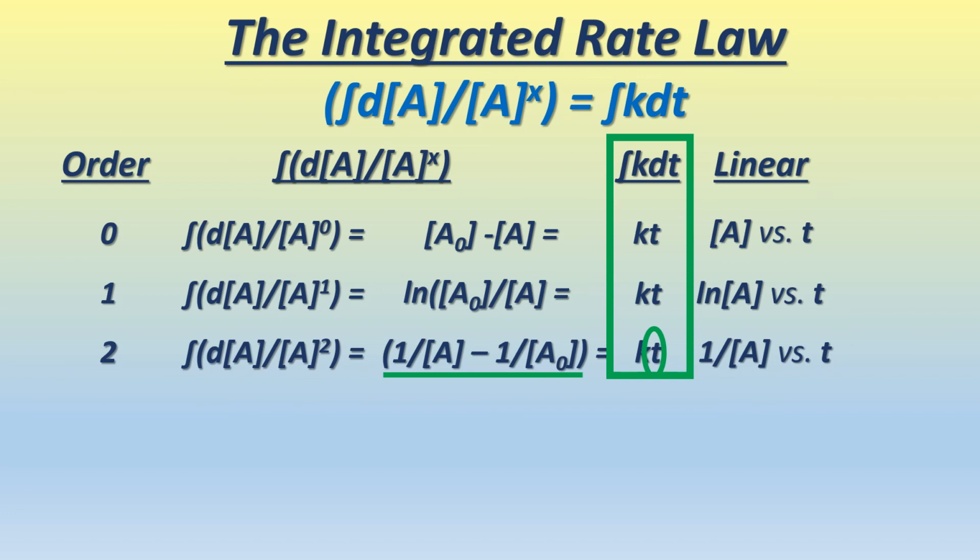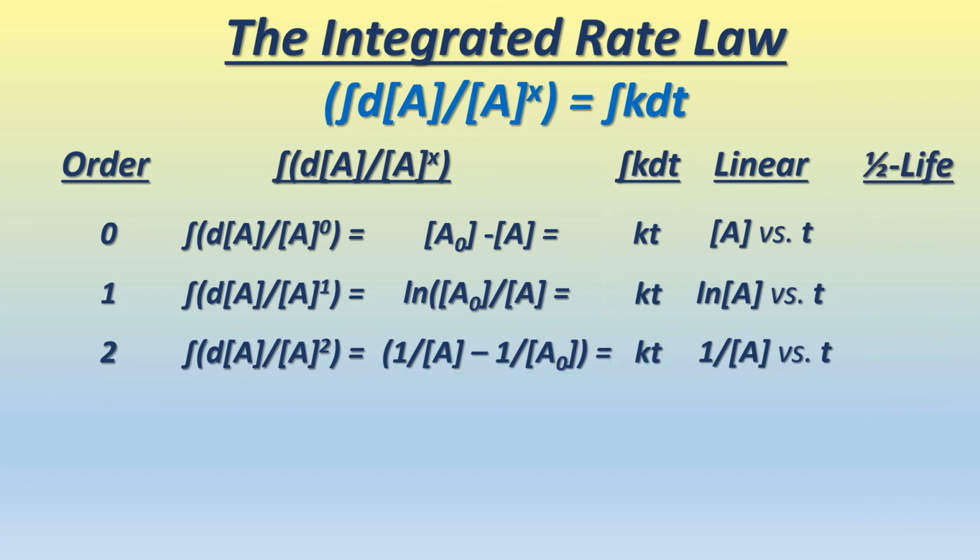Another shortcut to determining what the order of a given reaction is to look at the half-life. Literally, the amount of time it takes for the original concentration to drop in half. These vary for all the orders. For a 0-order reaction, you will get a half-life of a0 over 2k.